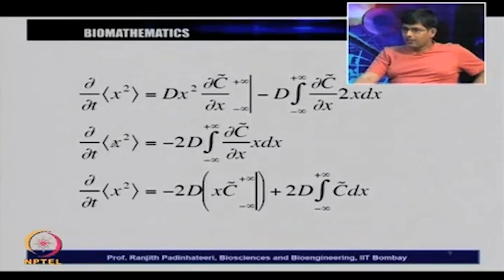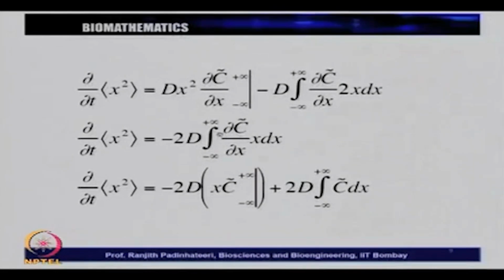So, del by del t of x square average has to be minus, I take this 2 outside, 2d integral minus infinity to infinity del c tilde by del x into x dx. So, you have this function now. Now, you can do the same way, integrate by parts once more.